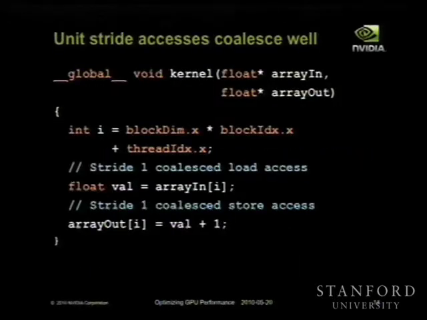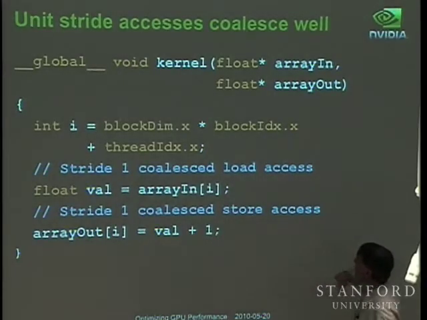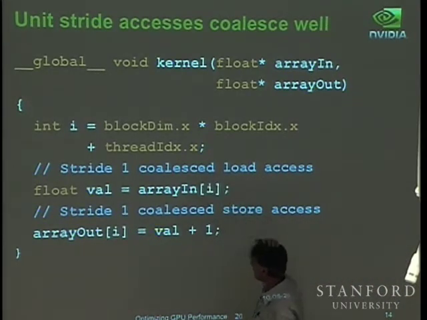So here's an example of unit stride access that coalesces well. This is simply using a global thread index I and accessing an array sub I. Here we've computed I as just the block dimension times the block index plus the thread index.